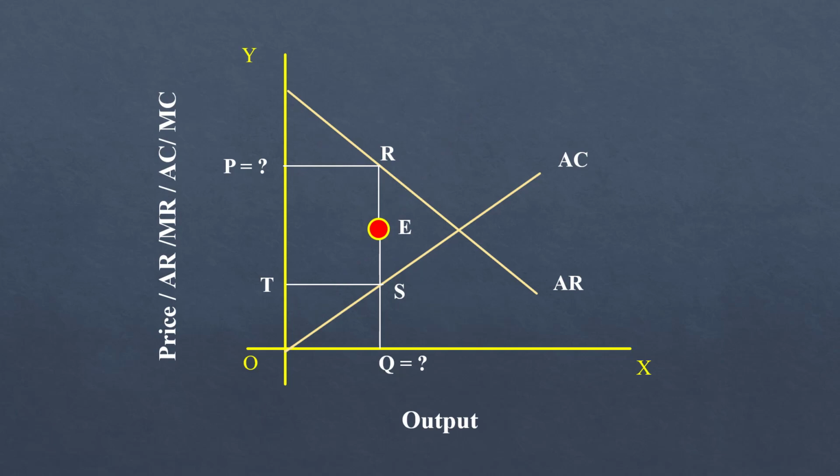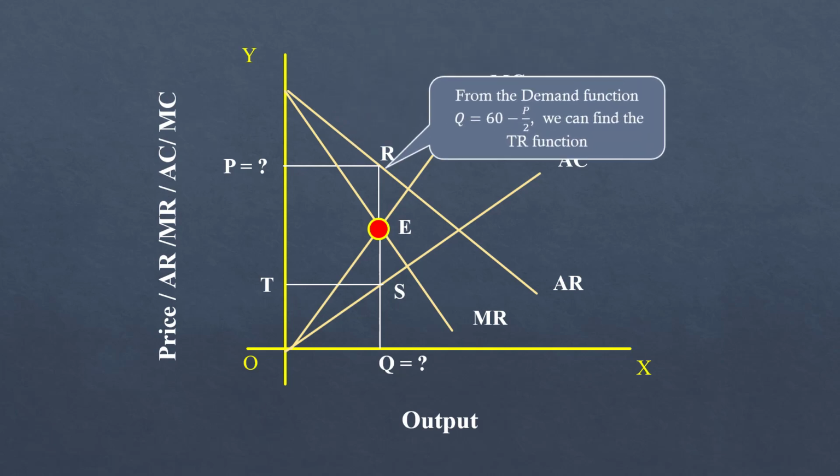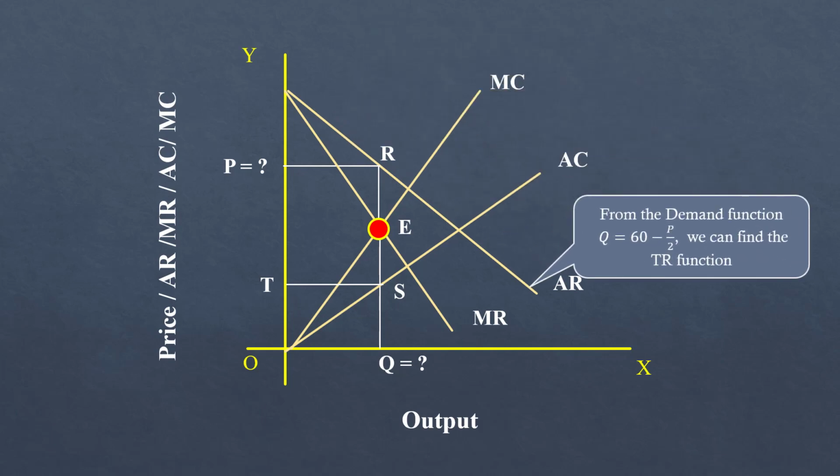We must know the marginal revenue and marginal cost functions. We have to obtain them first. Marginal revenue function can be obtained from the total revenue function. So, we must get the total revenue function first. From the demand function, otherwise known as average revenue function, we shall find the total revenue function.